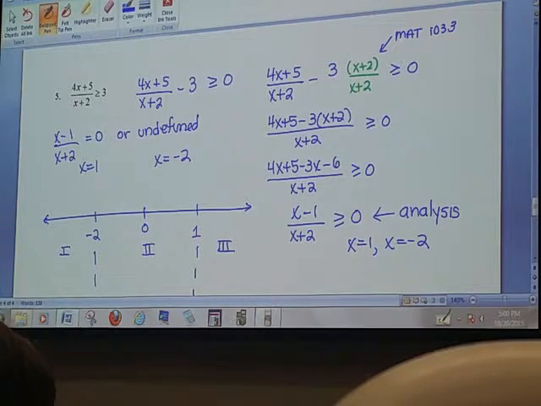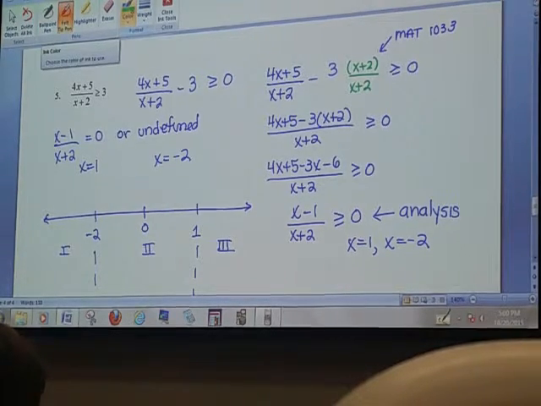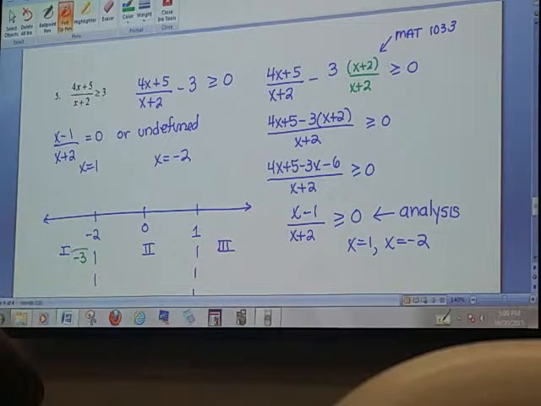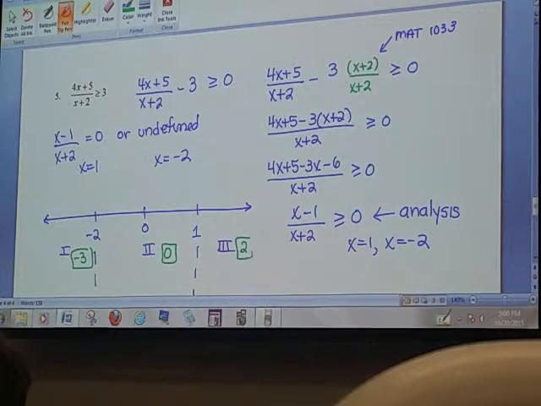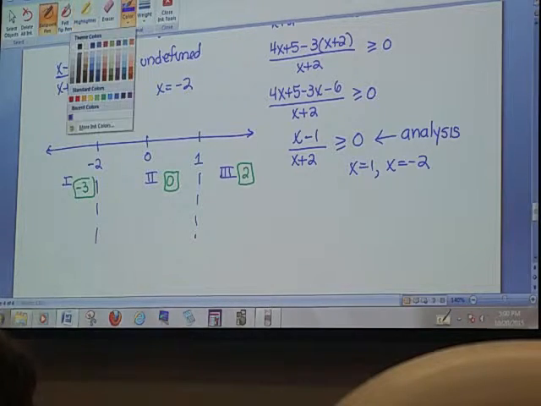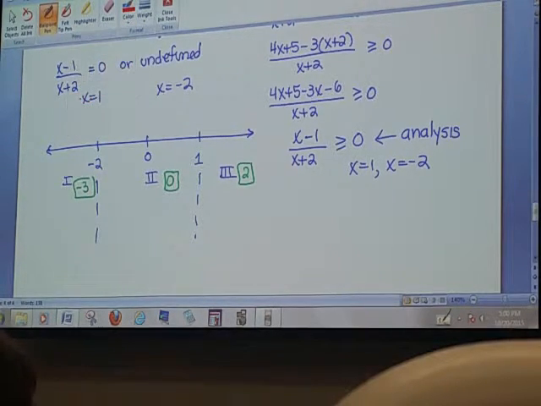And I have, let's see, I've been picking negative 4 for so long, I feel like I should be picking it. I've got negative 3, I've got 0, I'll use 2 back here. So that's going to give me negative 3 minus 1 over negative 3 plus 2, so that's a negative over a negative, so that's positive.